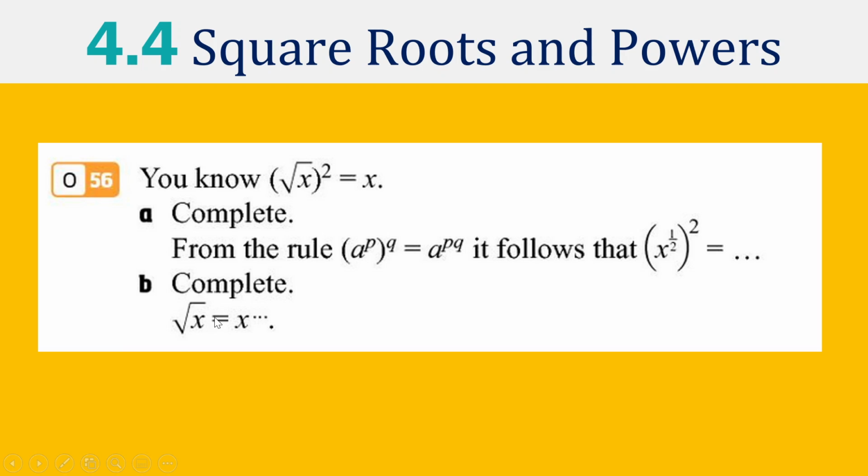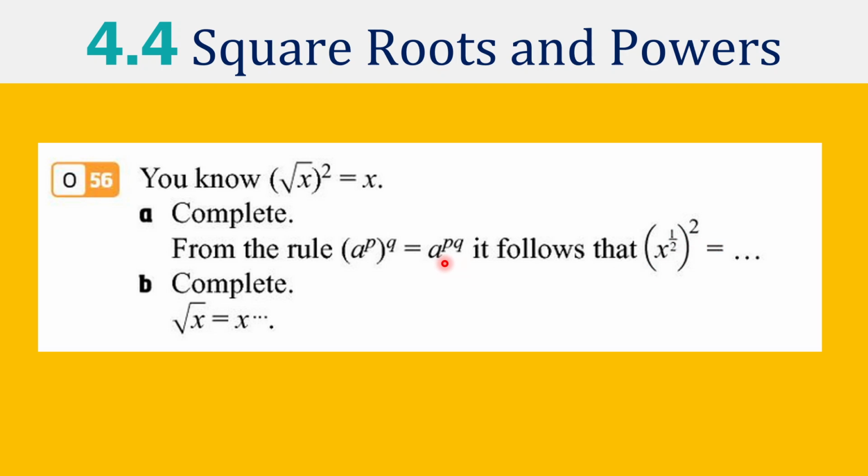Okay, watch closely. You know that root x squared equals x. Complete. From the rule a to the power of p to the power of q equals a to the power of pq, it follows that x to the power of a half squared equals what?